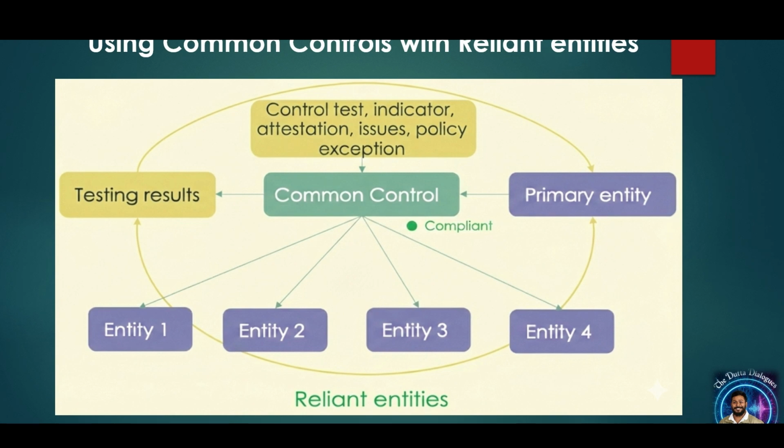Why don't we start looking at an example so you will be able to understand it in a very great way? Well, before we start that, let me talk a little bit about any control. By default it is considered to be a standard control. We'll see in the system as well, where you have a field called function, where it will be shown whether it is a common control or a standard control.